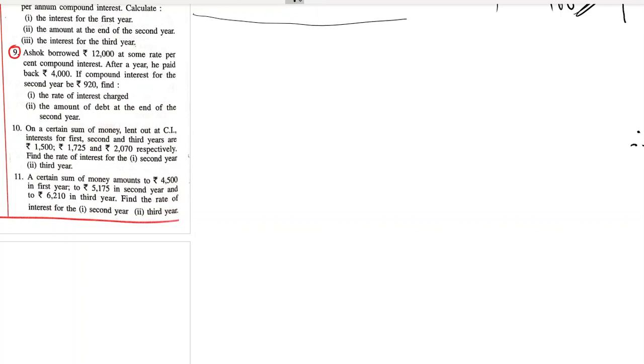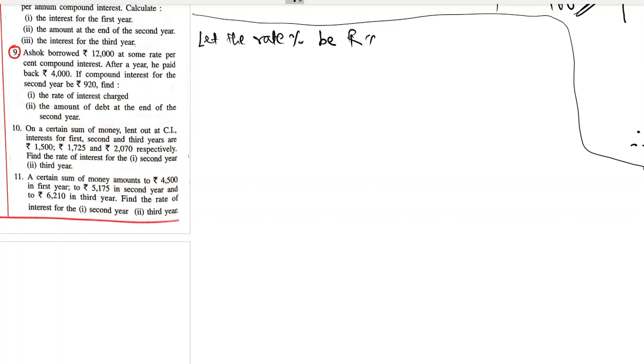Okay, I'll just draw a line here. Let the rate percent be R percent per annum.